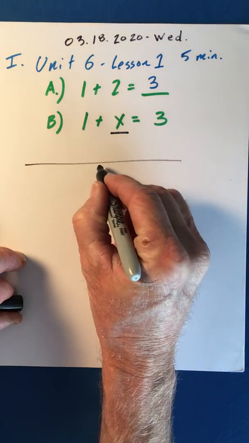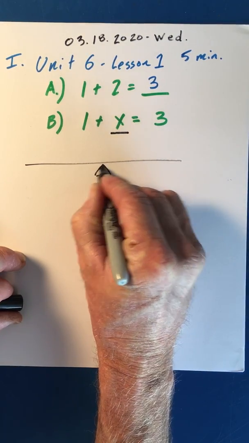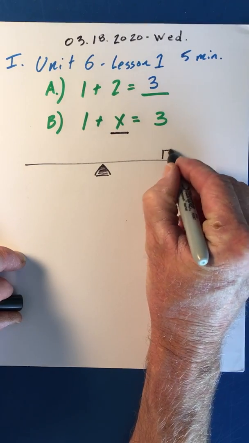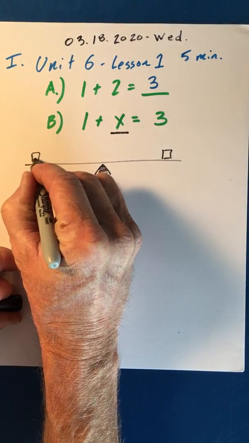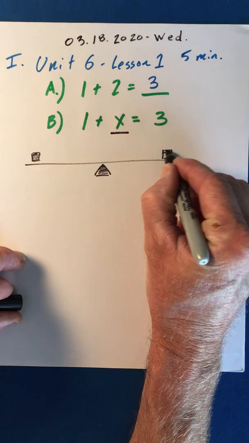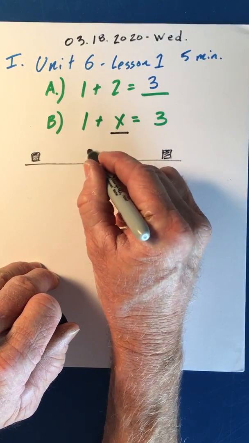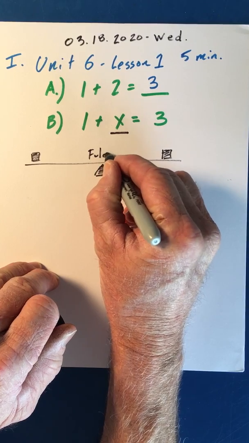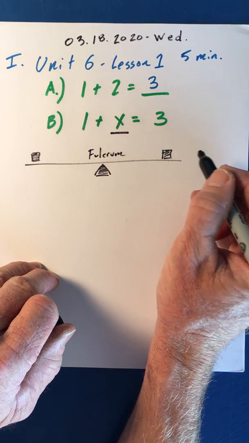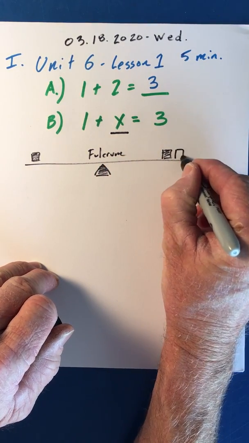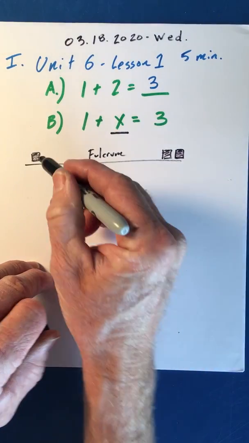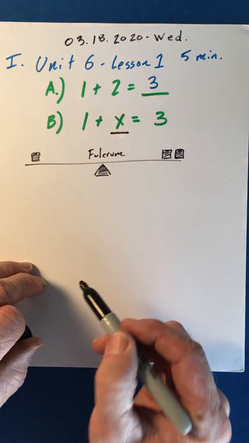Equations have been likened a lot of times to a seesaw. We've all played on seesaws at one point or another. If you have the same weight at the same distance from this little part in the middle called the fulcrum, you've got it in balance. But the second you add something over here, you've got to add the same thing over there, or it goes out of balance.